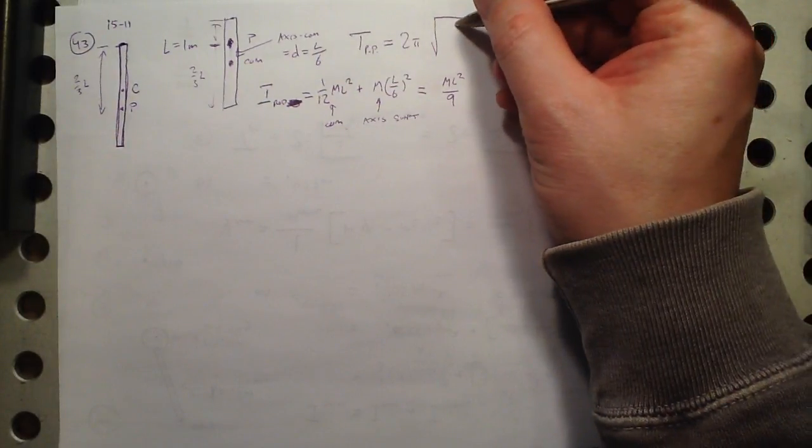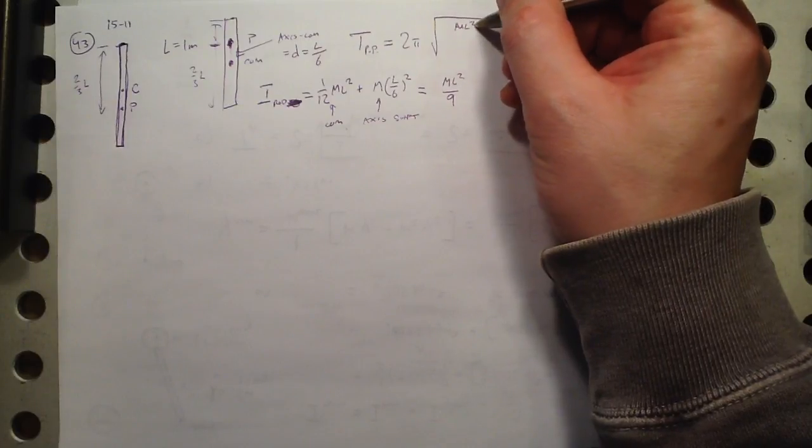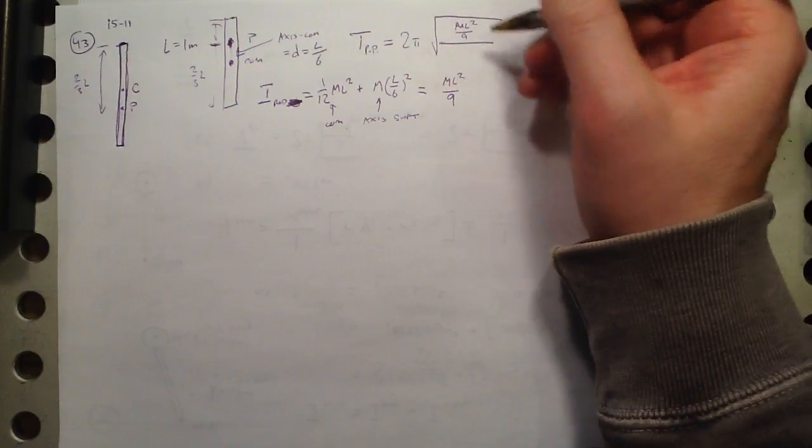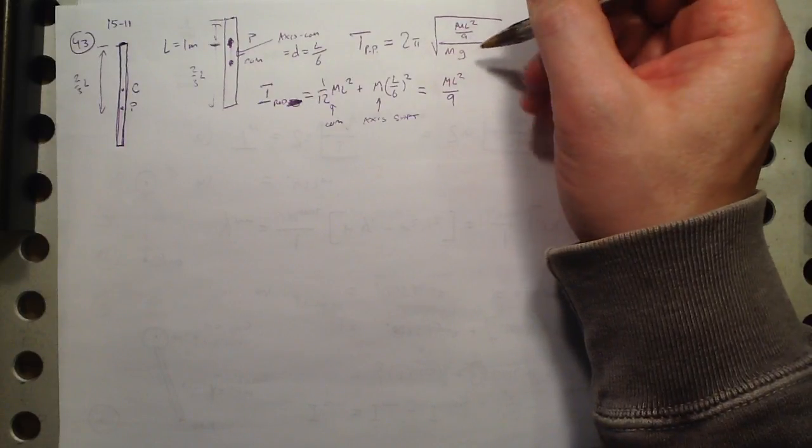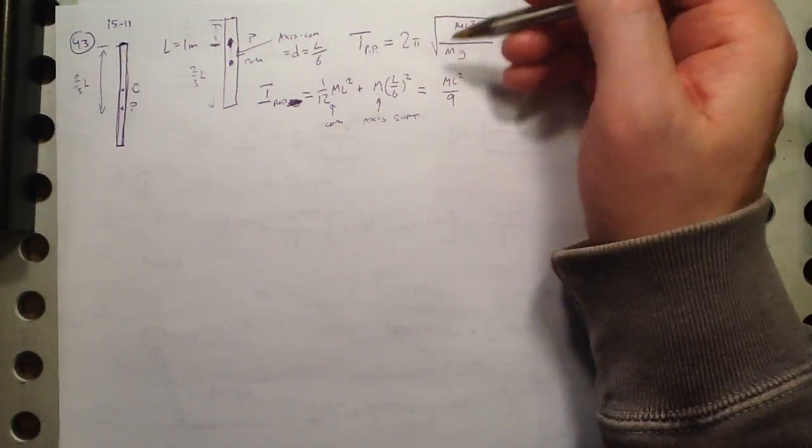So here we've got I over mg, and then the d is L over 6.